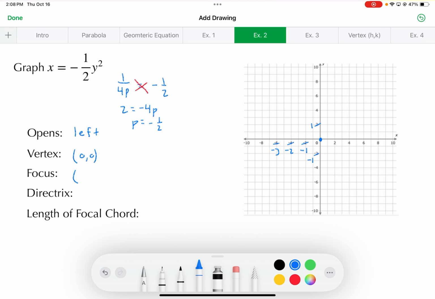All right, so our focus is going to be at -1/2, 0, which is right here. Our directrix would be a vertical line at x equals +1/2.